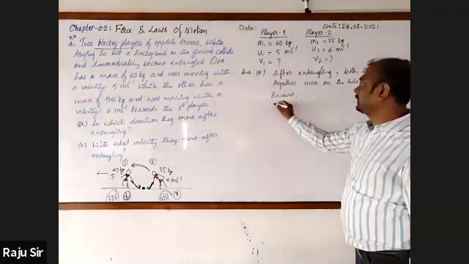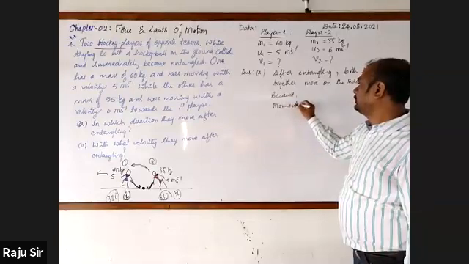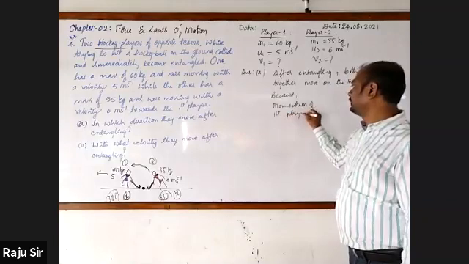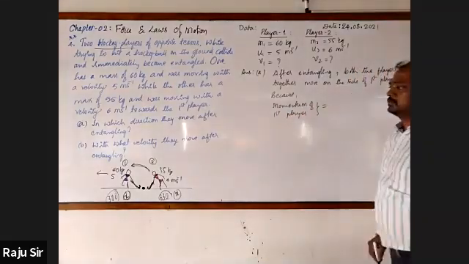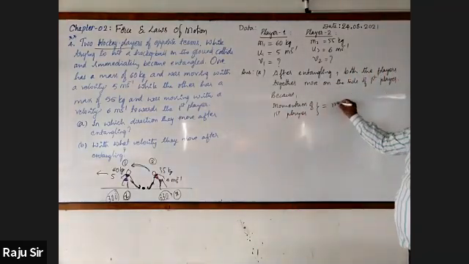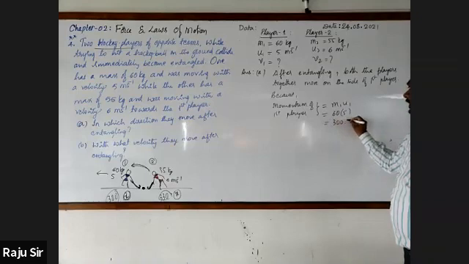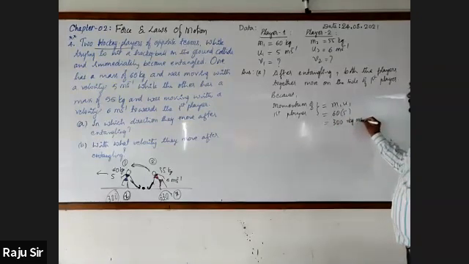Momentum of first player, P1, is M1 U1, equal to 60 into 5, which is 300 kg meter per second.